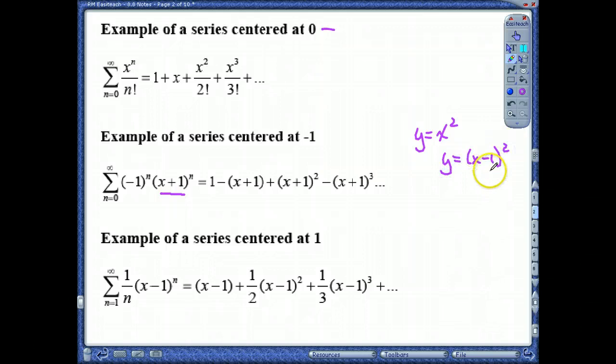Minus 1 actually moves you in the opposite direction: you move to the right one instead of to the left one. Kind of that same thing. x plus 1 means you're centered at -1. If it's x minus 1, that is centered at +1. So it follows those same shifts and reflections.